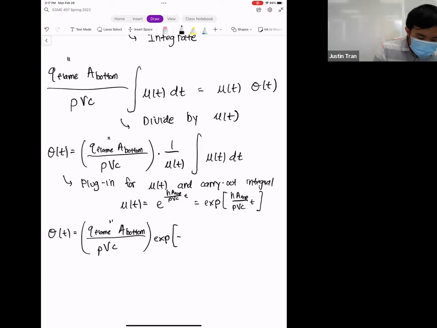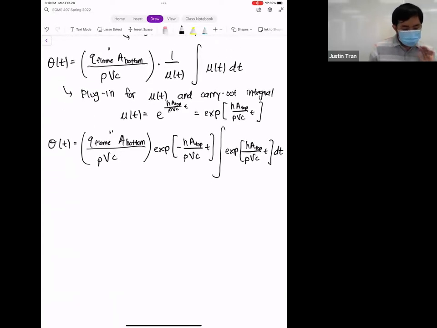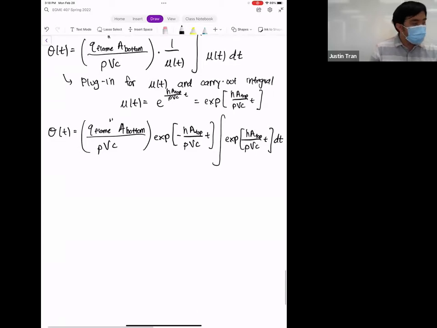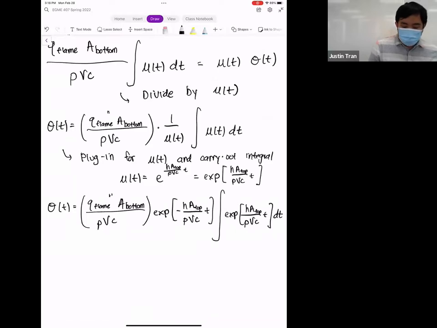So this is the exponential of negative h A top divided by rho V C t, times the integral of the exponential of h A top divided by rho V C t dt. Let me pause here for a second. Are there any questions on where we're at on this example?